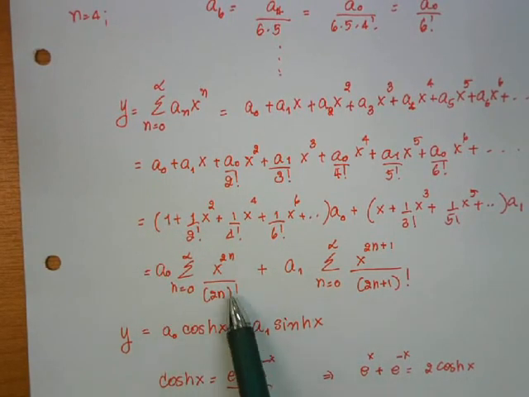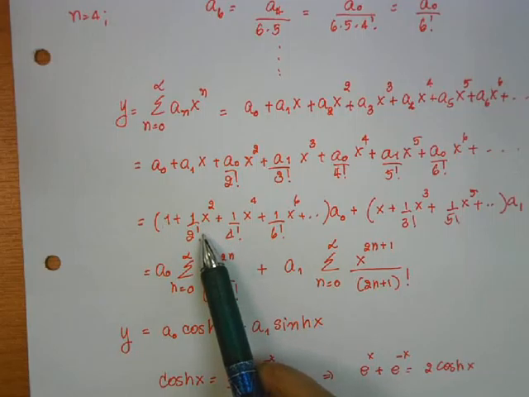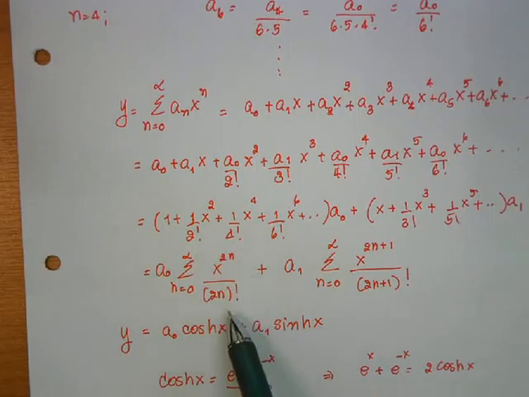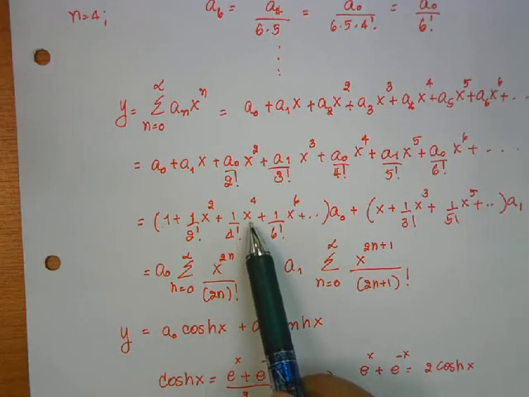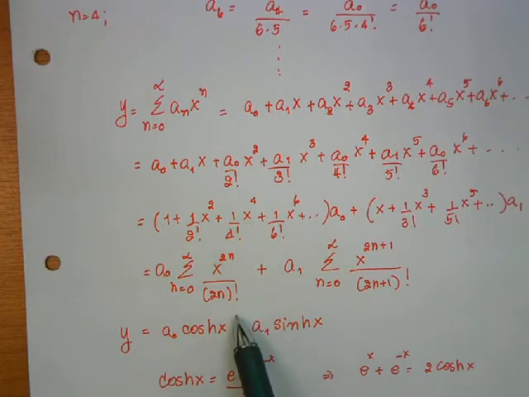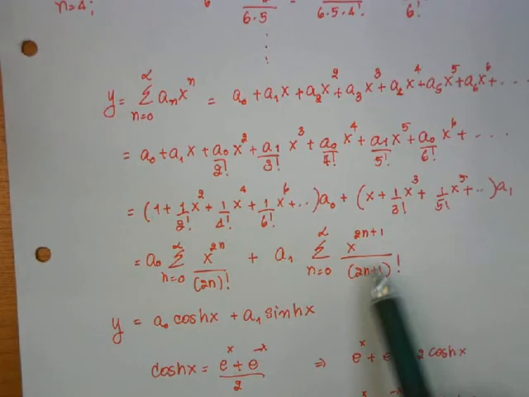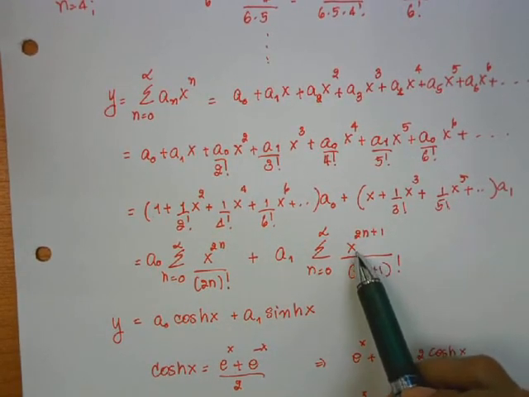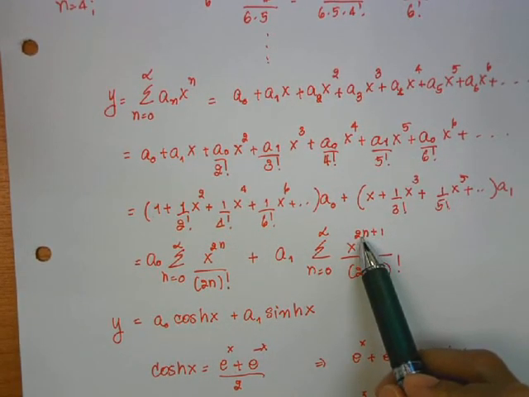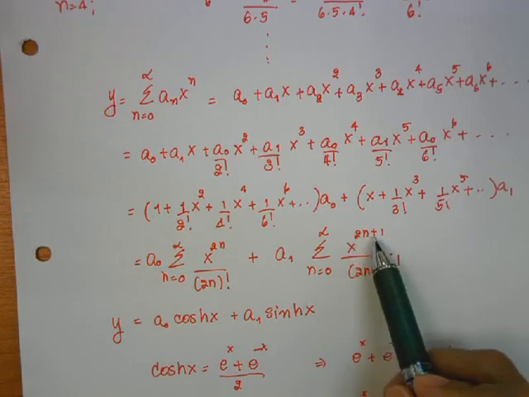If you put n is equal to 1, you would get x to the power 2 divided by 2 factorial. If you put n equal to 2, you would get x to the power 4 divided by 4 factorial. You see? Okay.